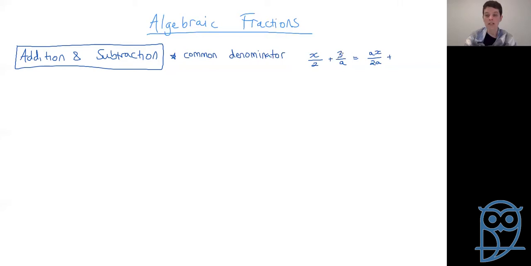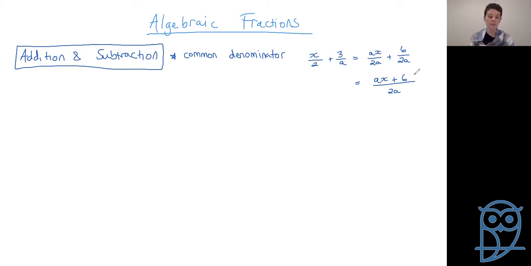And if we change this one to over 2a, multiplying by 2, we have to multiply the top by 2. 2 times 3 is 6. So now we can go ahead and add: ax plus 6 over 2a. It behaves exactly the same as a numerical fraction.